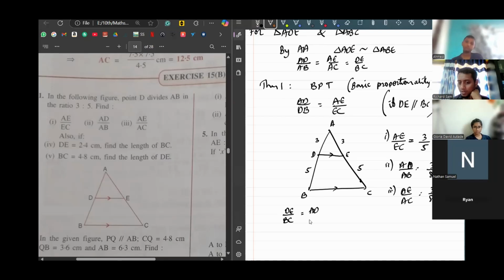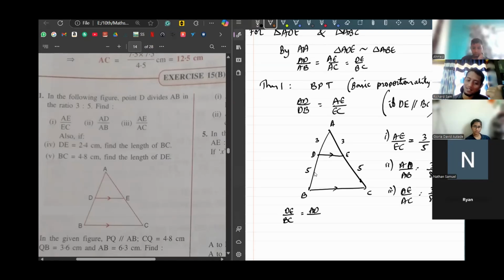say, AD upon BC, DE. Not DB, AB. Because see, this is the full side of the triangle. DE is the full side of the small triangle. BC is the full side of that big triangle. So you have to compare it with the full side. So AD upon AB. This is not BPT.